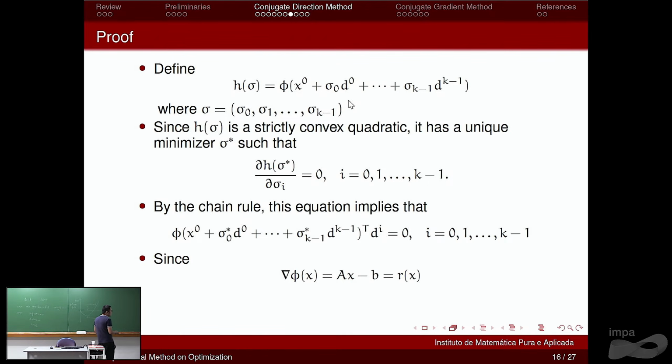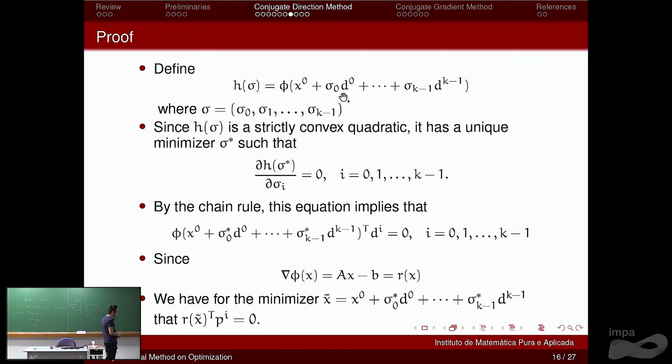Since the gradient of phi at x equals Ax minus b, which is just the residue, we have the minimizer x tilde equals this. Sorry, you have a gradient here: the gradient of phi at this point inner product with di. This is the chain rule.